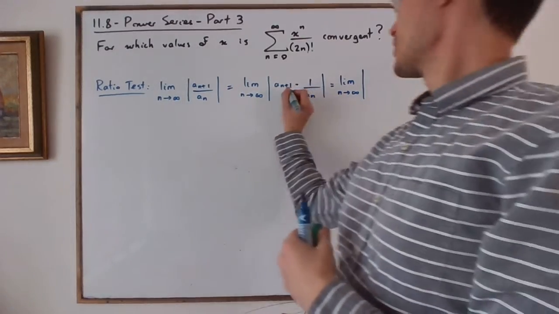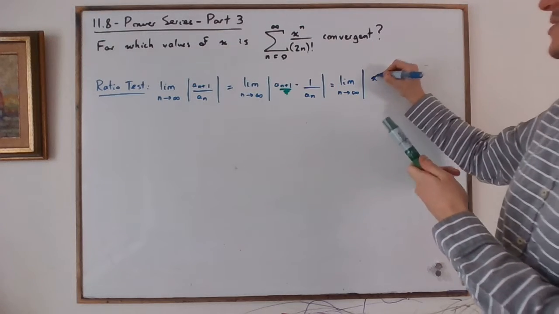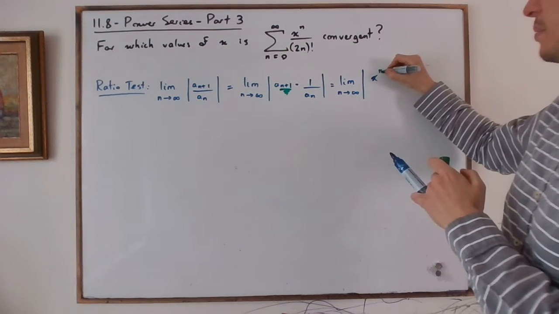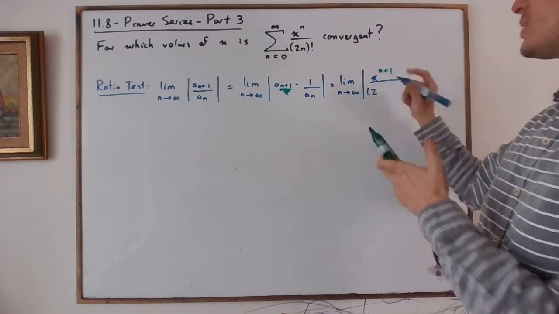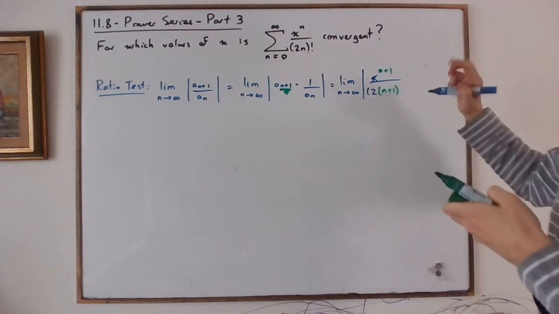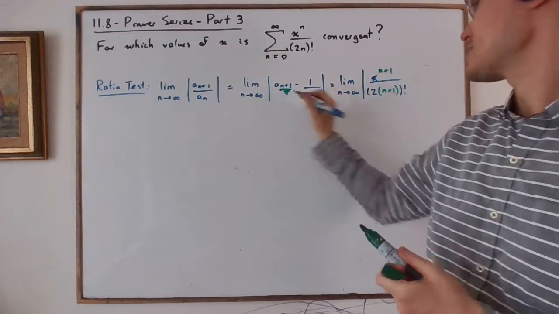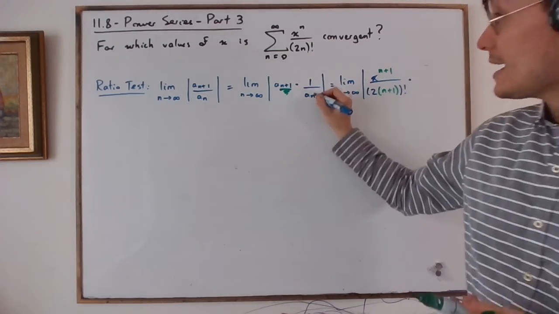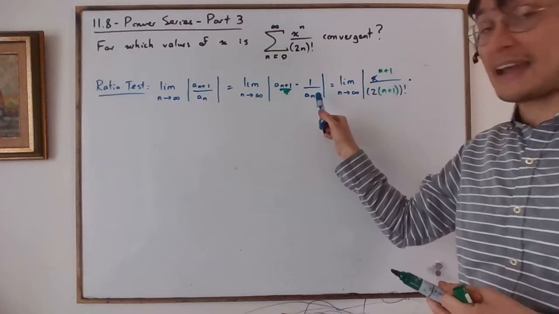Let's color code this in green. We have x to the power of n plus 1 divided by 2 times, and instead of n, you write n plus 1, factorial. So this is your a_{n+1}. Now, a_n is exactly that, but what you have here is 1 over a_n.